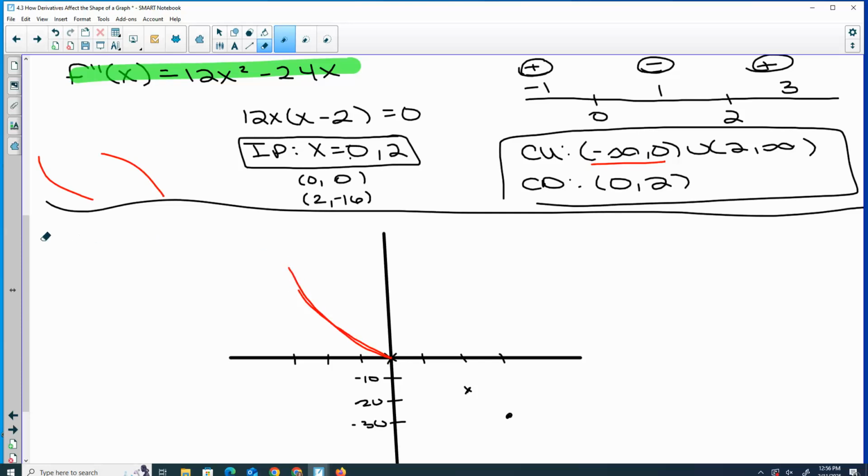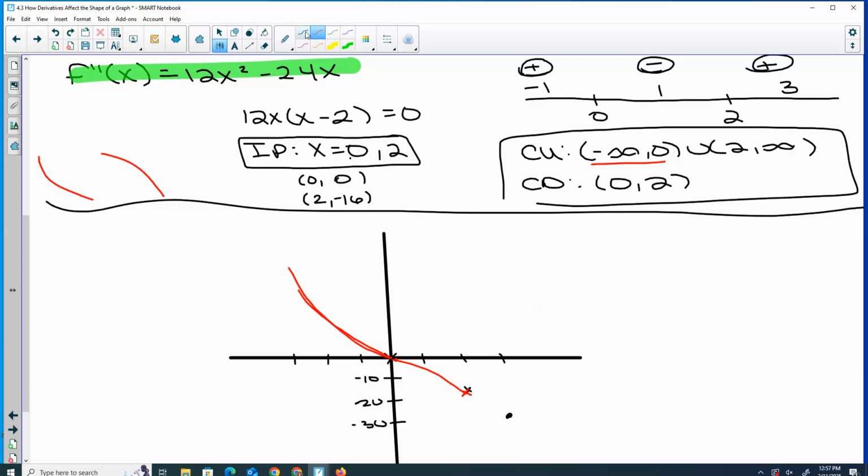Okay, my graph has to continue decreasing until we get to 3. But we know between 0 and 2, our graph is curving downward. It's not a drastic change, it's kind of like a cube graph. This is curving downward. You can maybe make it a little more pronounced than mine, but it's not significant. That's why we put those x's to show us where it's changing.